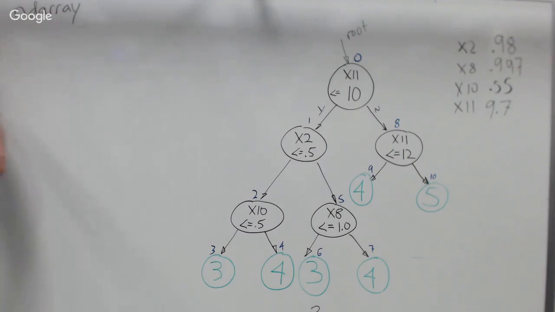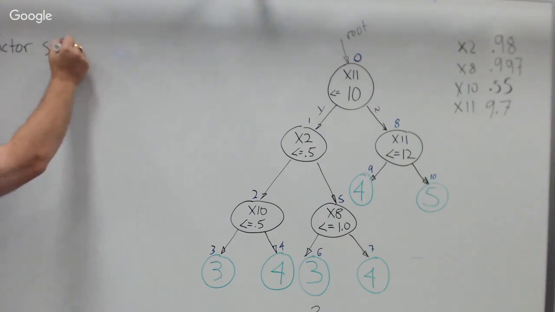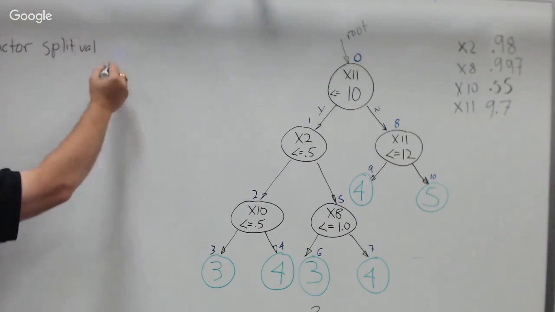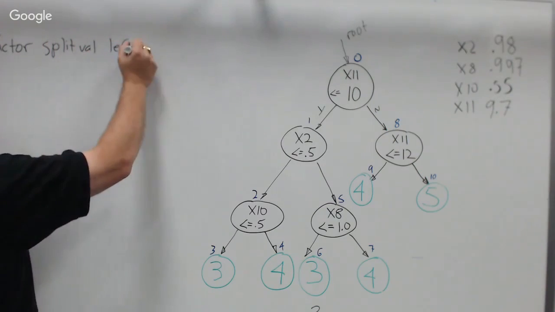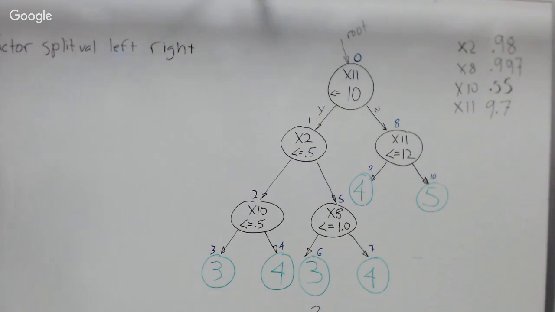I've got to write smaller. Okay, so each row in this ND array corresponds to one of our decision nodes or a leaf.